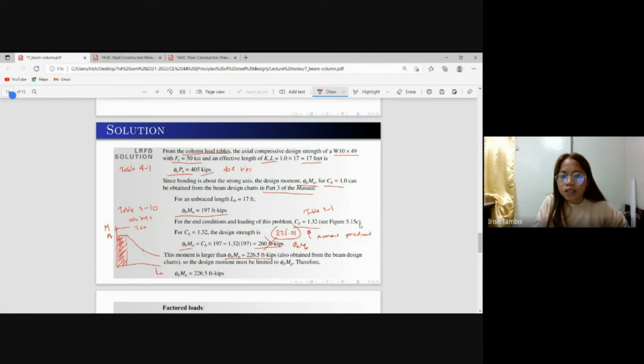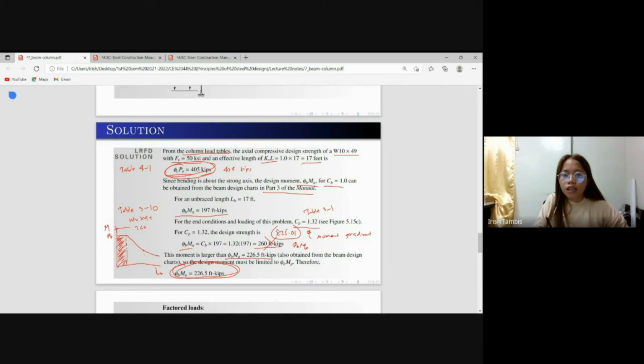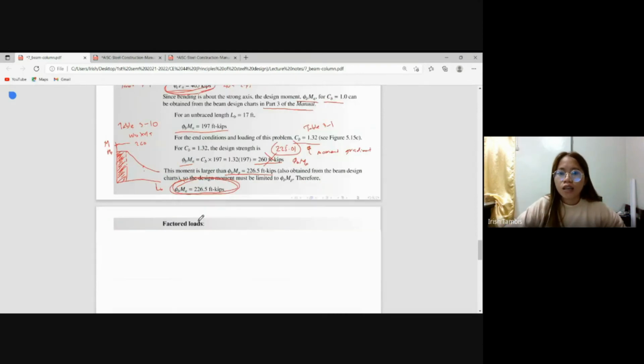Pero kung nilapas siya sa imong plastic moment, this is the factor times the plastic moment. So kani siya ang mo prevail, or this will be your limit state, no? So we're done with finding this factor, which is needed in the interaction formula.